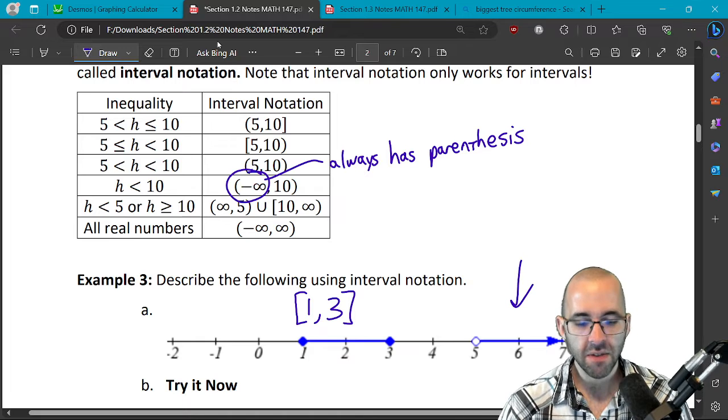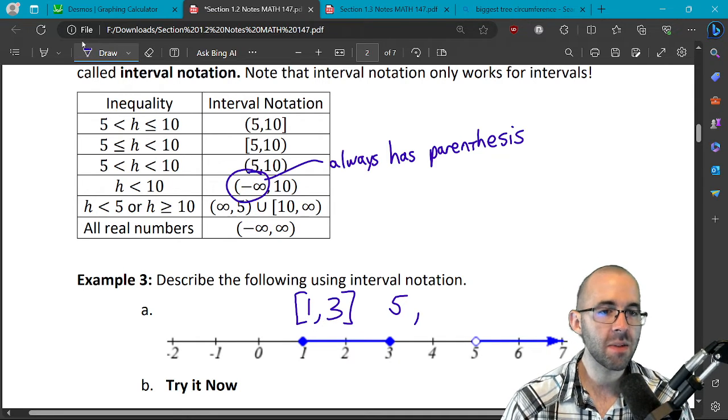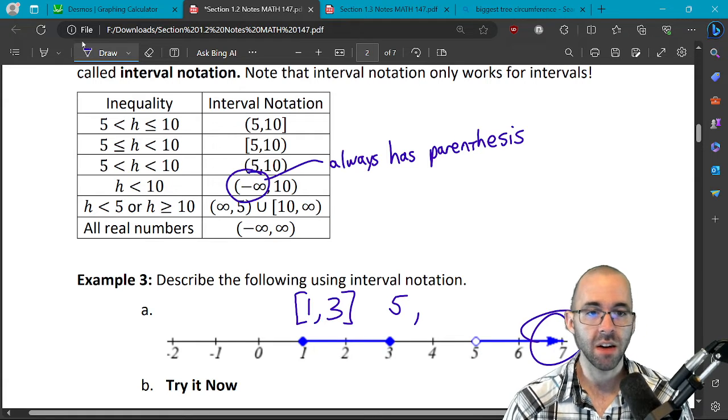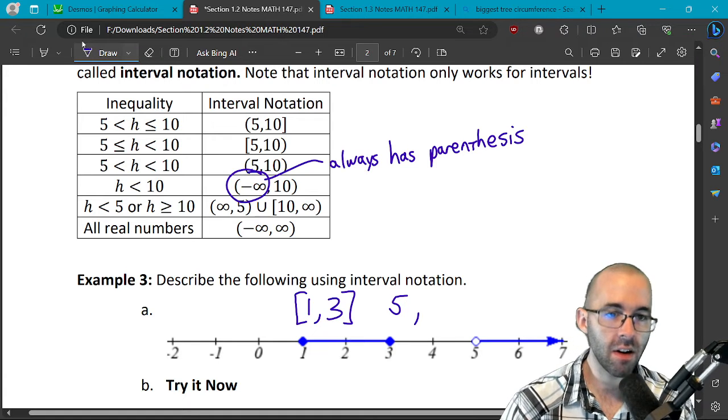And now we do the same thing for this part. What's the smallest number in that second one? 5. Add a comma. What's the biggest number? Well, there's an arrow here. So there is no biggest number. This means that this goes on and on and on.